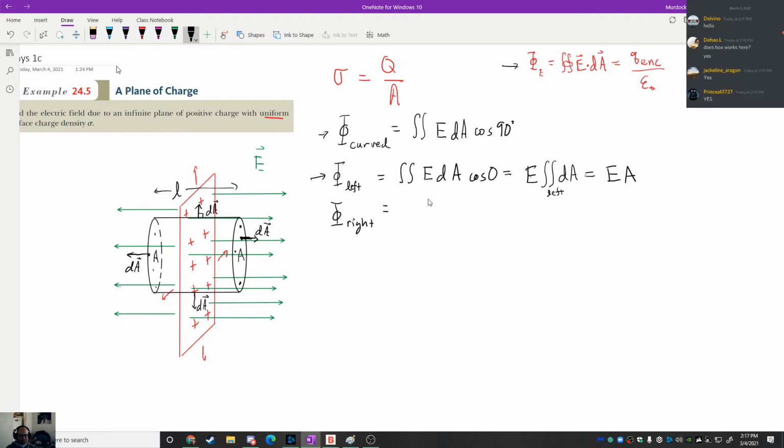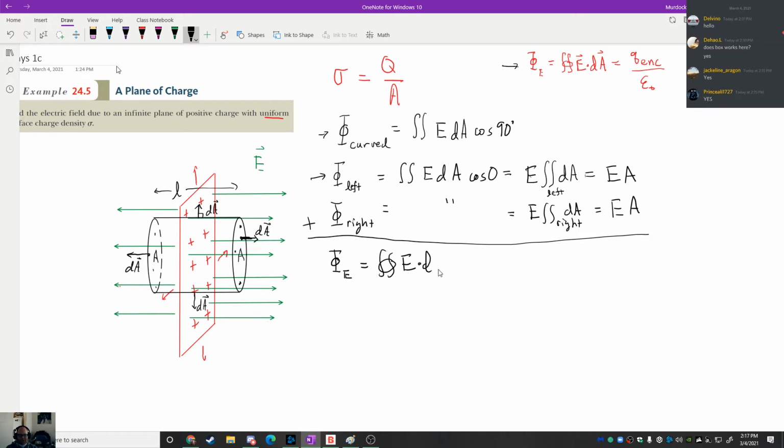And by the same arguments, you do all of the exact same stuff, but you do it over the right cap. And because our surface is just a circle, and the areas are the same, you get the same answer for both of them. Okay, so we need the flux through the total surface, the net flux, and that's going to be equal to, obviously, this symbol.